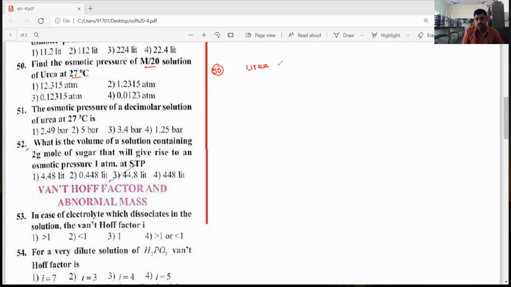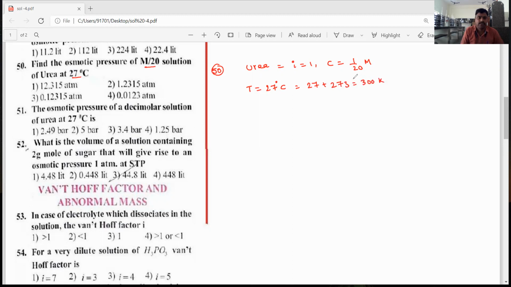The solute is urea, its Van 't Hoff factor i is equal to 1, the concentration C is 1 by 20 molar, and the temperature is 27 degrees centigrade, which is 27 plus 273, equal to 300 kelvins.